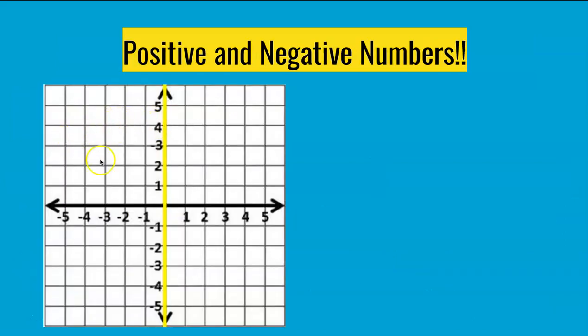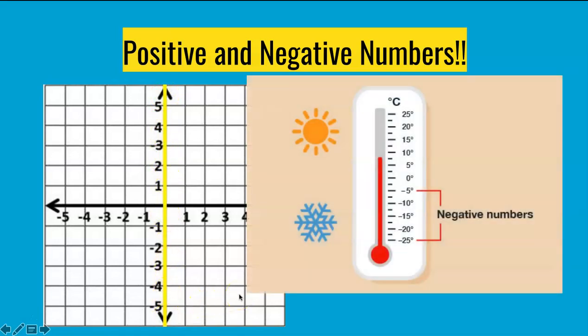Now let's look at a vertical number line. So a vertical number line goes upwards and downwards. And you'll see that 0, the origin, is here in the middle, and the positive numbers are above 0 and the negative numbers are below 0.